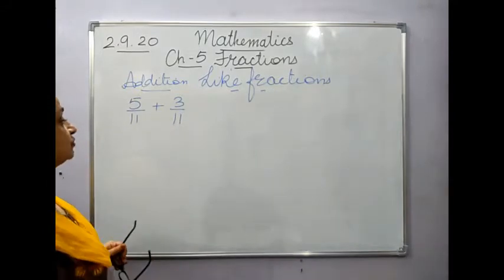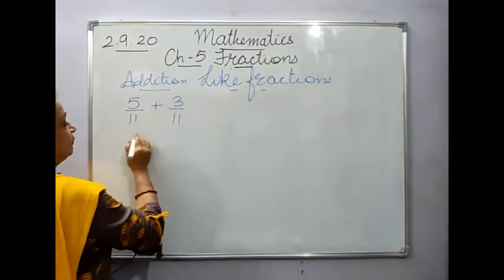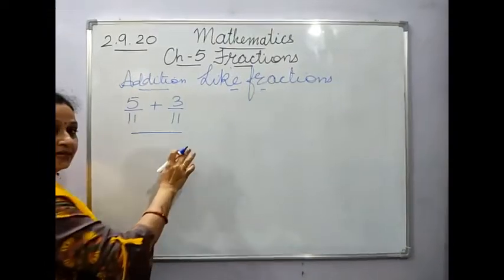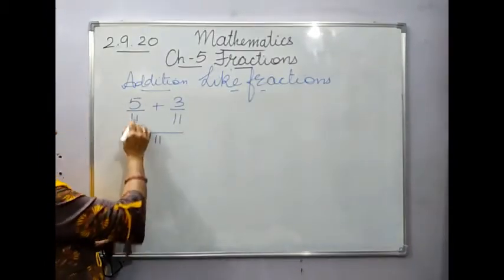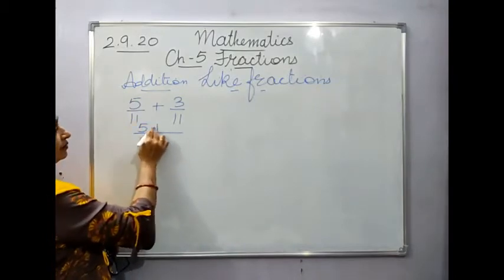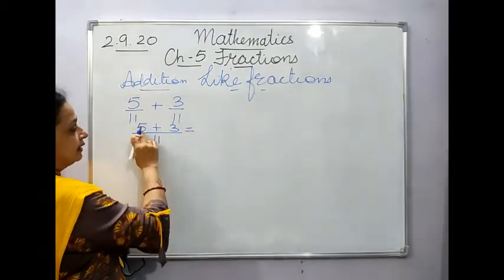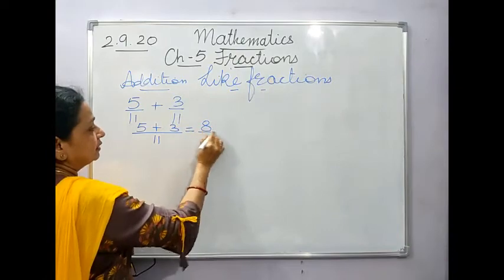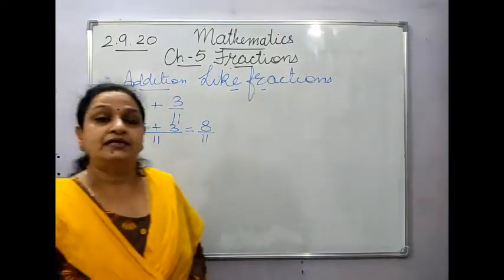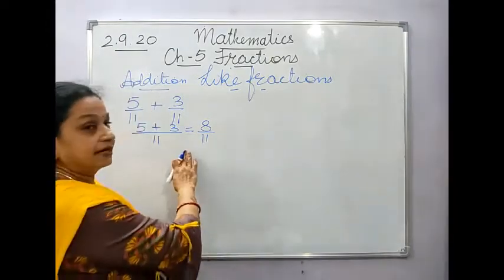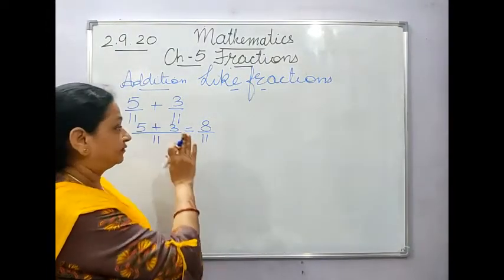Now in such cases what you do is very simple. Since the denominator is same, the denominator will remain the same, and we will write the numerators with the sign of plus, and we will add 5 and 3, 8 upon 11. The denominator in the answer will remain the same in the addition of like fractions.